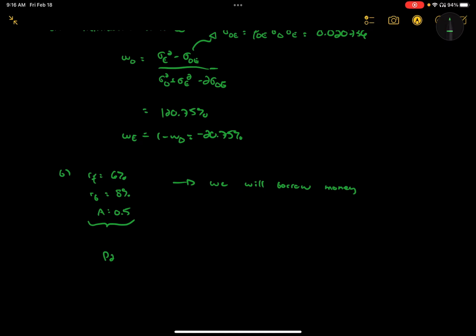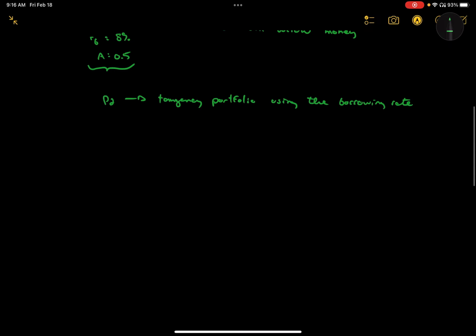or the tangency portfolio using the borrowing rate. All right, so I'm not going to write down the formula, but it's the easiest to find on the formula sheet because it's the longest one.